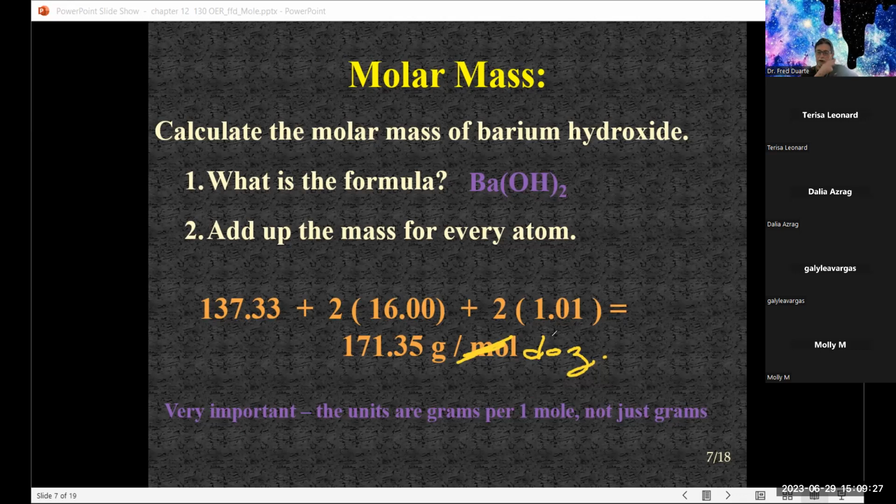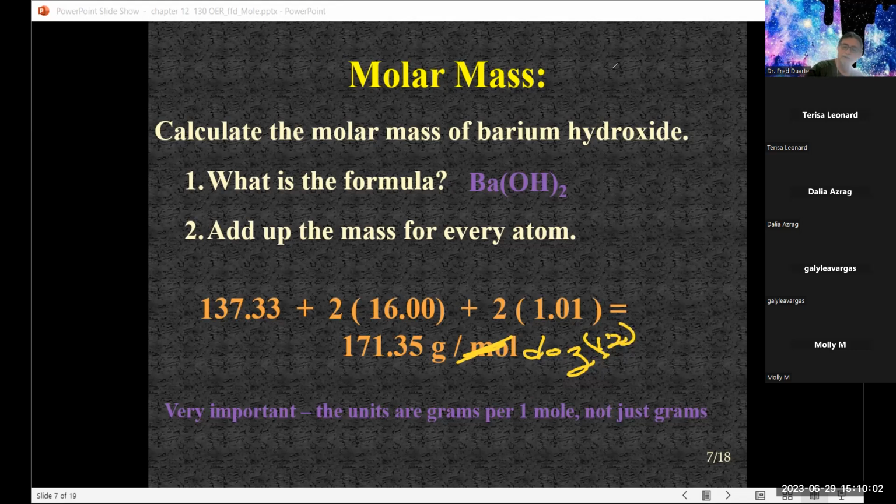Now, if I weigh out 171.35 grams of barium hydroxide, how many individual molecules would I have? How many in a dozen? 12. Okay, so obviously you have 12, right? If you weigh out 171.35, if the molar mass had the units of grams per dozen.